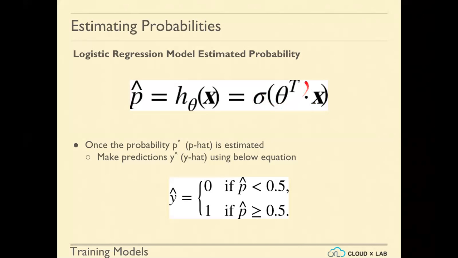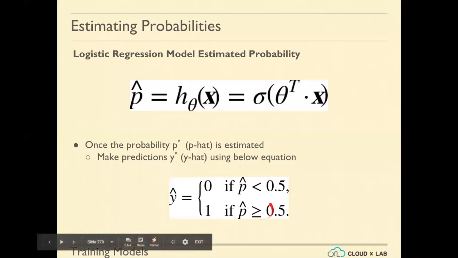Please note that both of these are vectors, therefore they represent all m data points. So this probability is again a vector. It's the probability of each instance of x. Sigma basically returns the probability. Then we say that if the probability is less than 0.5, then our outcome is 0. If greater than or equal to 0.5, it is considered as 1.